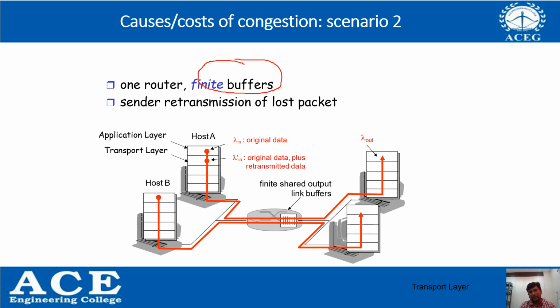Whenever a packet is lost, the packet has to be retransmitted. In our previous scenario, there was no retransmission, but in this scenario we have retransmission because we are going to have lost packets. So in the traffic traveling from sender to destination, we have not only the original data packets but also the retransmitted packets. The finite shared output link buffers are reflected here, and these are the different senders, and along with the original data we will also have the retransmitted packets.